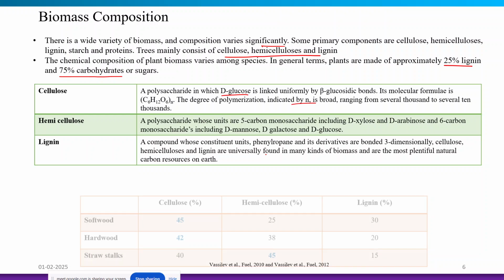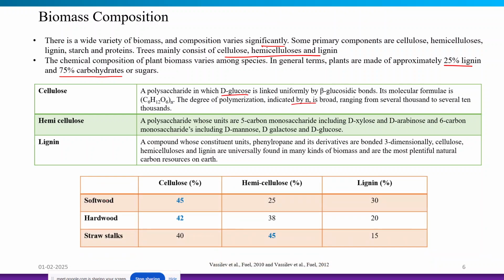I was talking in the previous slide about softwood and hardwood, and suppose I take another example of straw stalks. When you see the composition and analysis, if you don't do the composition analysis and consider that all are trees, it will not work like that.